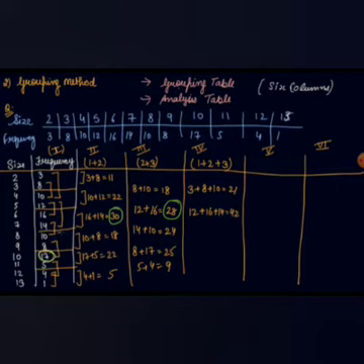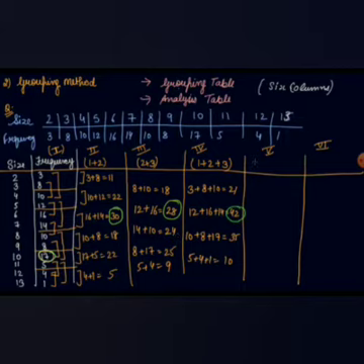Then 10 plus 8 plus 17, which is 35. Then 5 plus 4 plus 1 is 10. So again the highest frequency in this is 42 and we circle the 42.